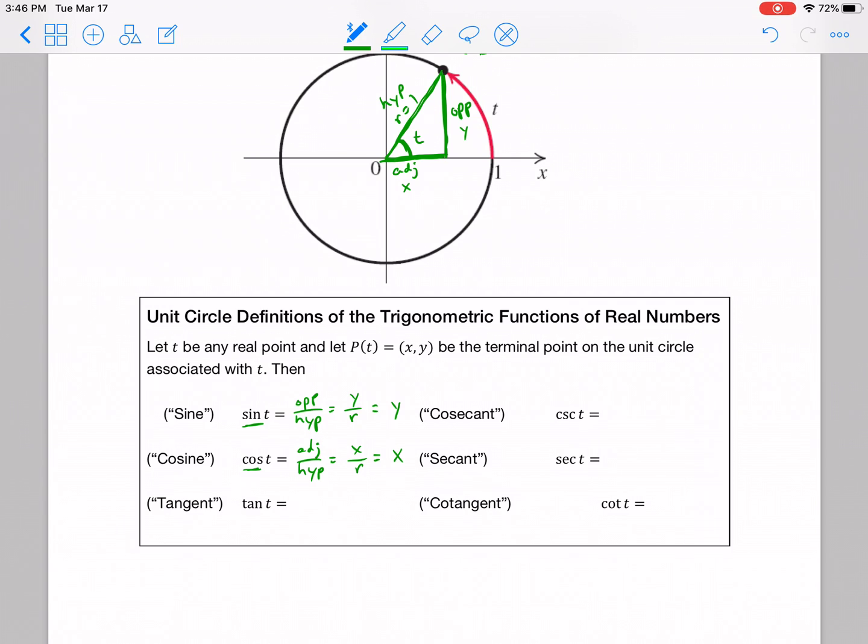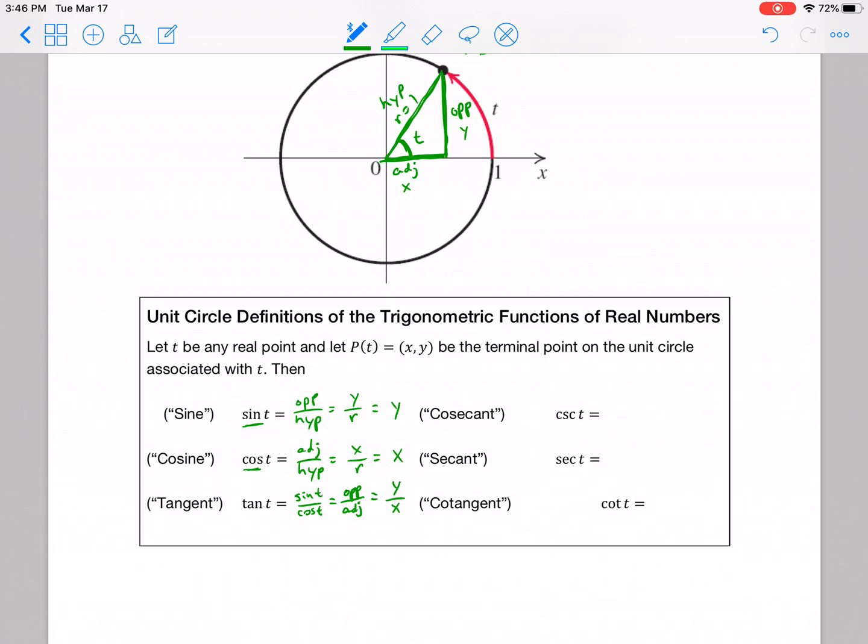Next, we can define the tangent of that angle, which is actually defined as sine of t over cosine of t, which ultimately gives you the opposite side over the adjacent side, which is just going to be y over x. We can define a cosecant. This is cosecant.